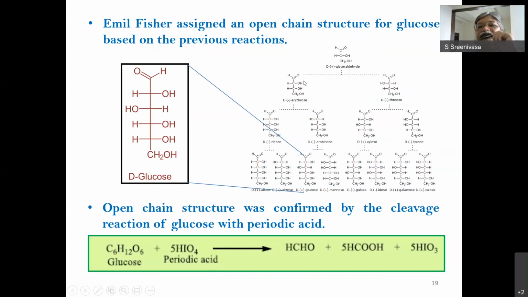Again, if you add HCOH, you are going to get 4 sugar units, that is pentoses: ribose, arabinose, xylose, and the last one is lyxose.